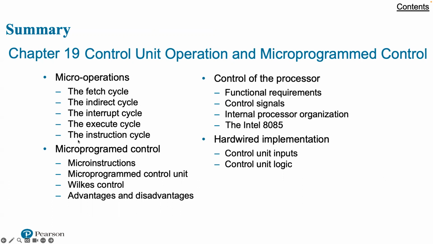We'll talk about the microprogram control, the micro instructions, the microprogram control unit, Wilkes control, advantages and disadvantages of microprogram control. We'll talk about control of the processor, and then we'll finally talk about hardwired implementations.